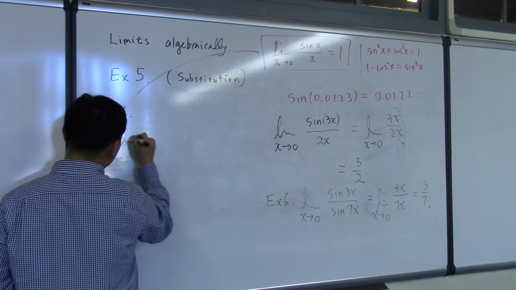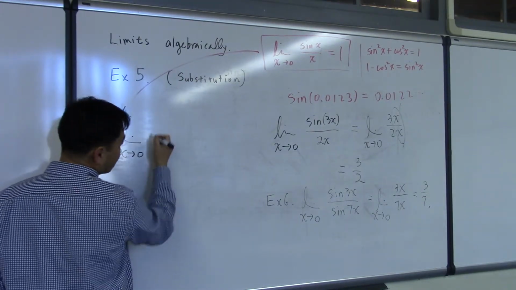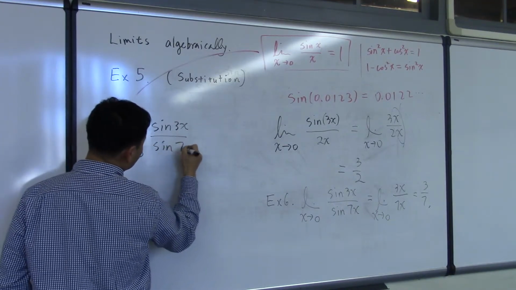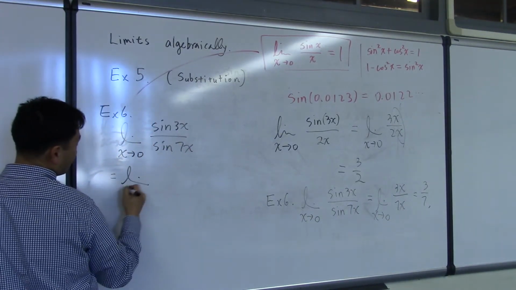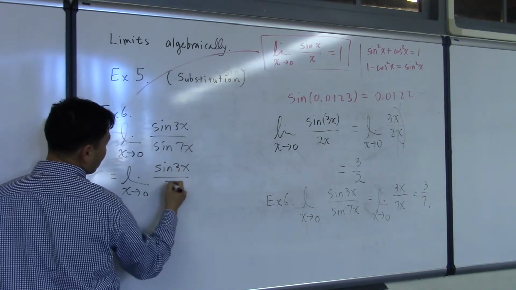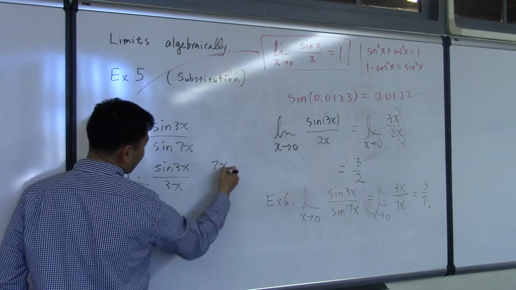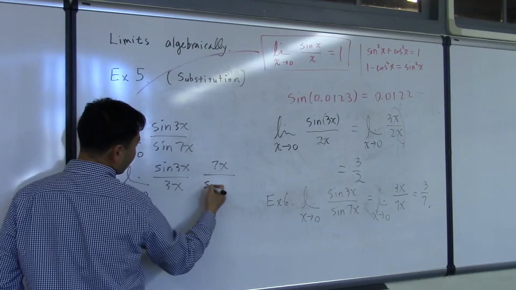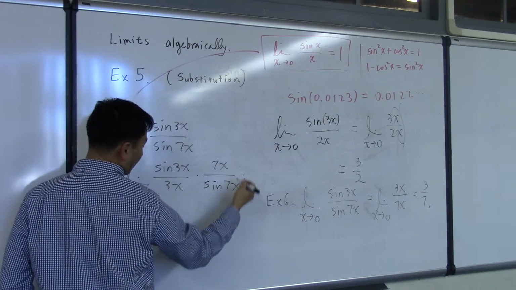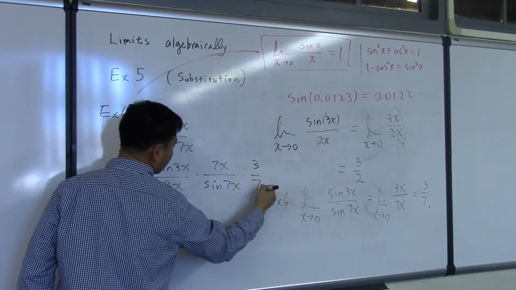Usually, they want you to write the limit as x goes to 0 of sine 3x over sine 7x as the limit as x goes to 0 of sine 3x over 3x, times 7x over sine 7x, times 3 over 7.